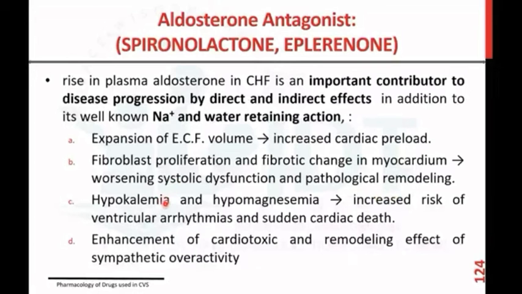The fourth one is ACE inhibitors like captopril, enalapril and lisinopril. So all the prils are ACE inhibitors. The fifth one is diuretics, and the examples are furosemide and hydrochlorothiazide. And the last one is vasodilators, and the examples are nitroprusside, nitroglycerin, hydralazine, isosorbide and theophylline.